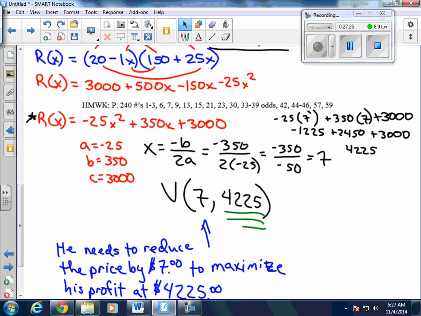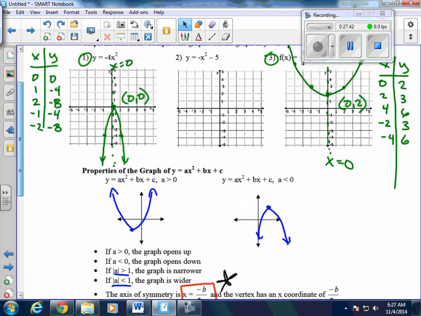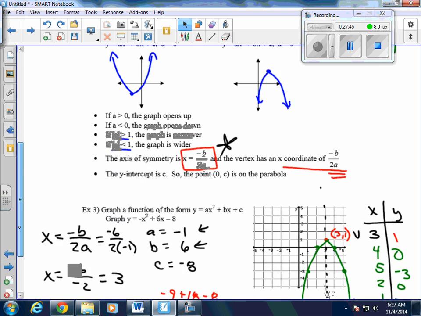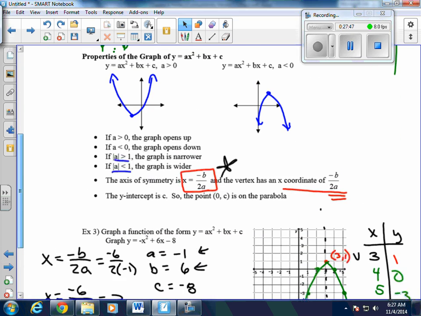Your homework assignment is listed there. Now remember, of all of the stuff that we talked about, we want to make sure that you can graph these quadratic functions. And if we go back to the equation in standard form, you must make sure that you know what the quadratic equation is in standard form. So y equals ax squared plus bx plus c.